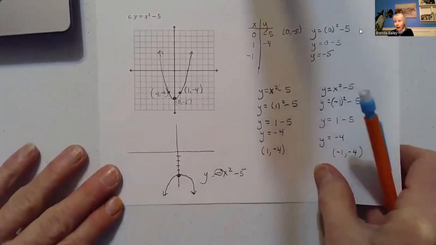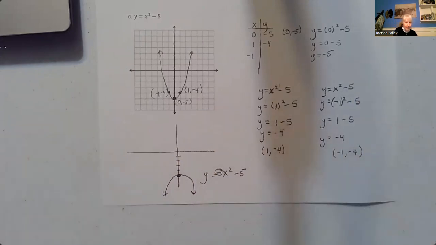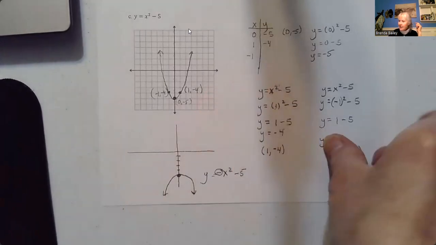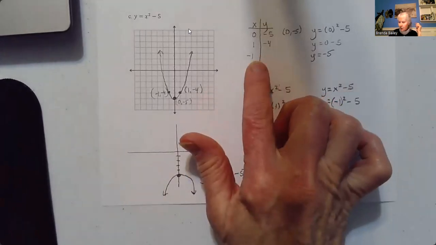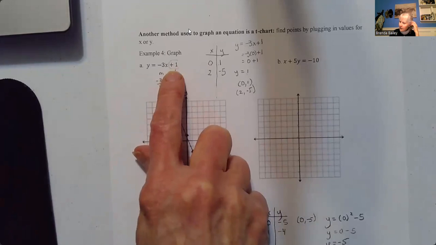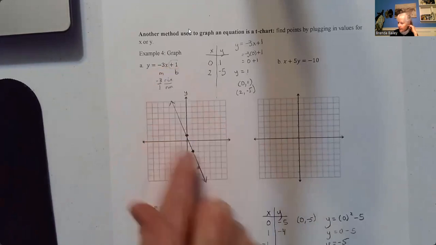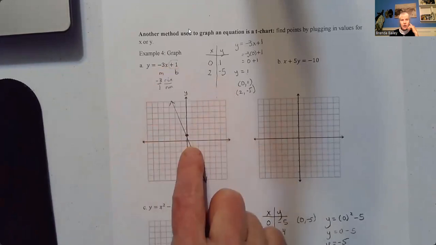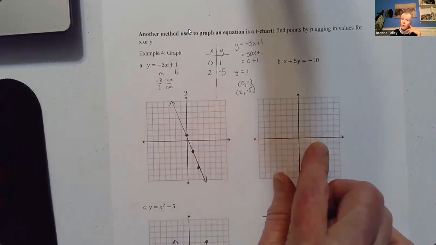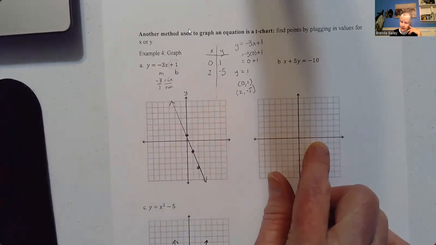I think that's all we have for this section. And then I will do section 3.3, where we're going to look at another method of graphing. This was the T-chart. We use the T-chart for this one. We also use the slope-intercept method, and we can come back and look at this one in 3.3 when we talk about our third method.